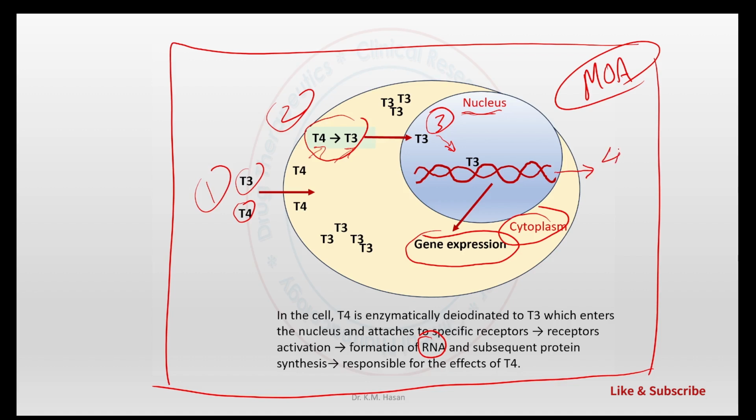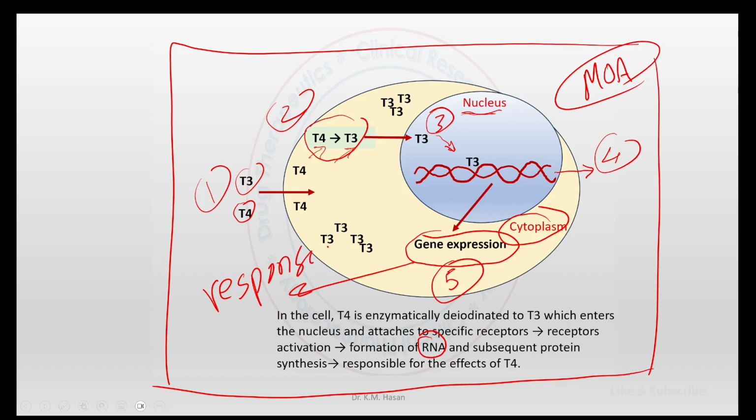Number five will be gene expression, and this will lead to the physiological response. Okay, so this is the process for T3 and T4 in our body.